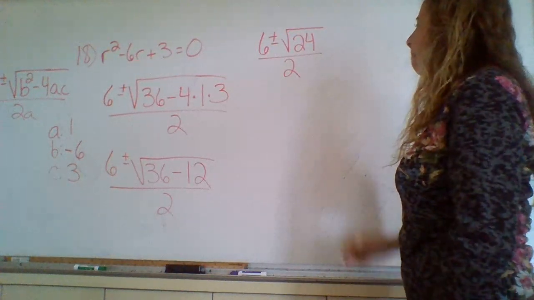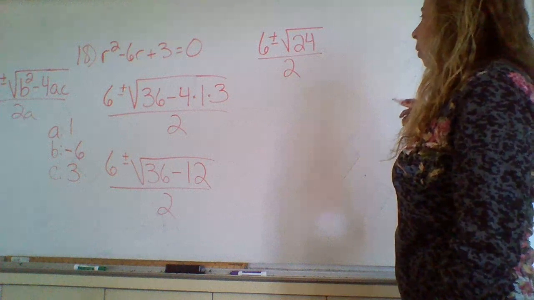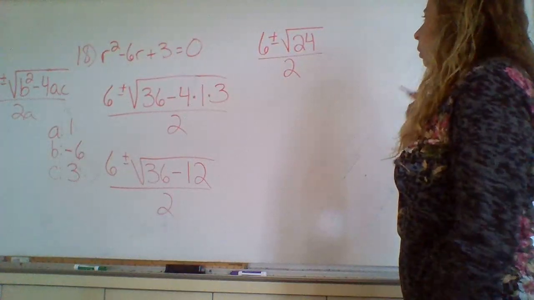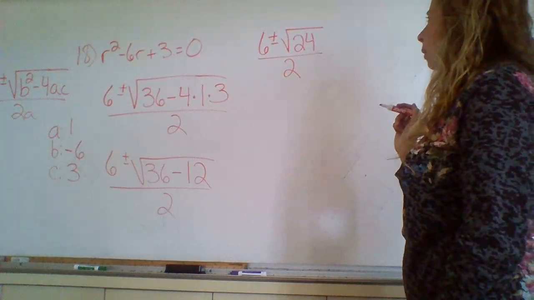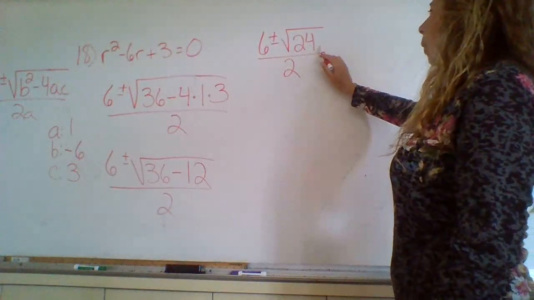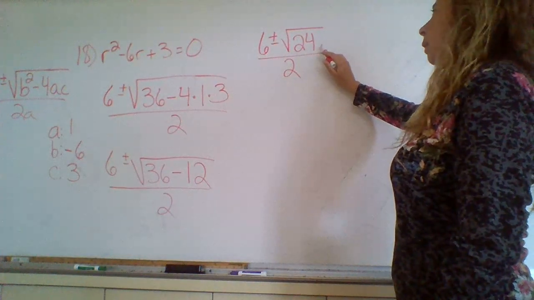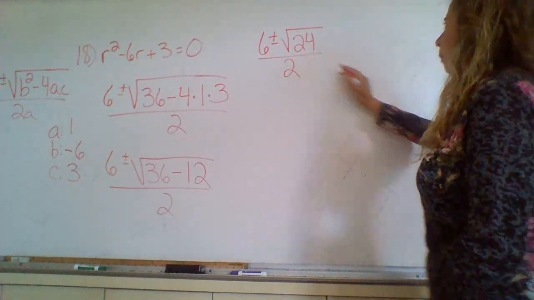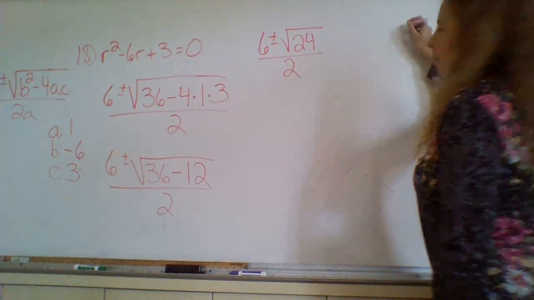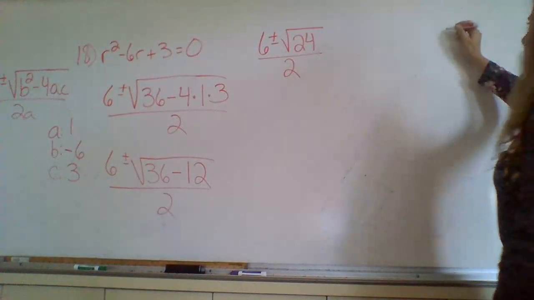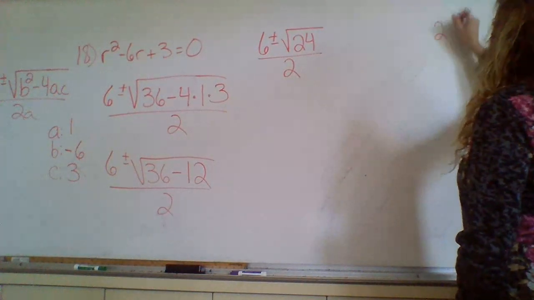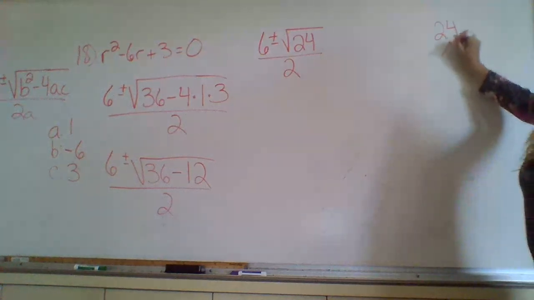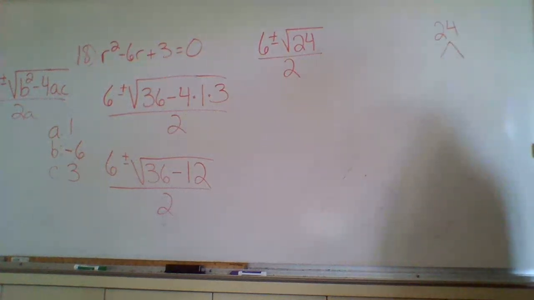All right. So what do I want to do next? Now I would go ahead and simplify what's underneath my radical. So I have the square root of 24. So let's do it. How much room do I have? Sweet. 24. So 8 and 3, 2 and 12, 4 and 6.